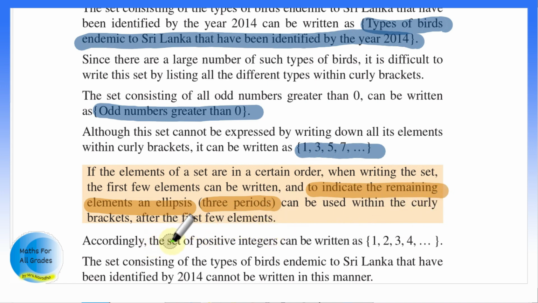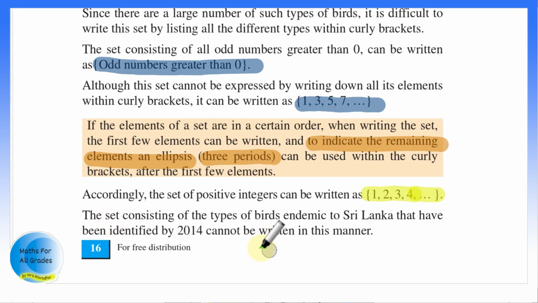Then how can we write down the set of positive integers? Open a curly bracket, write down a few elements 1, 2, 3, 4, then place 3 dots and close the bracket. And remember, we can't write the set of types of birds endemic to Sri Lanka that have been identified by 2014 in this manner.